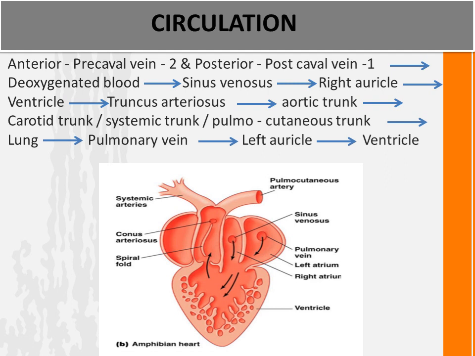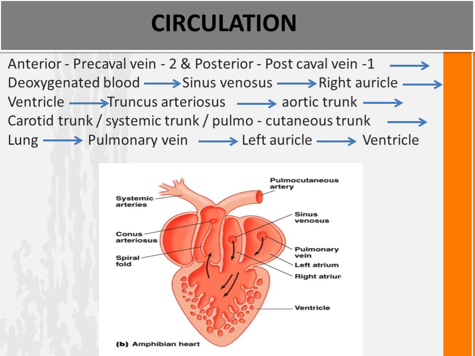First of all, from all parts of the body, from the anterior side as well as the posterior side, deoxygenated blood, the blood which consists of carbon dioxide, is collected together and passes towards the heart. Some blood vessels help in this process: the precaval veins as well as the postcaval vein.